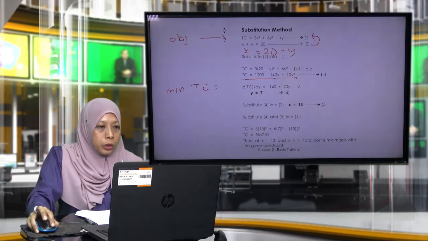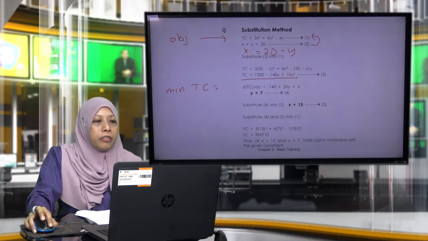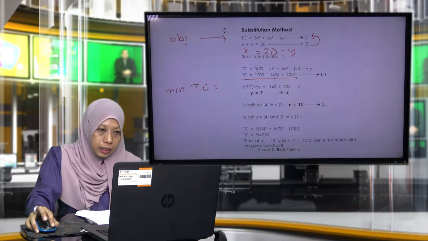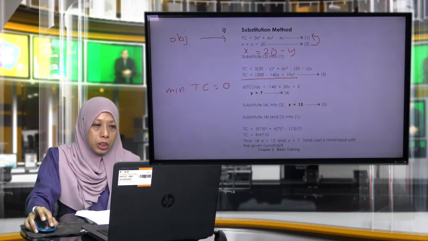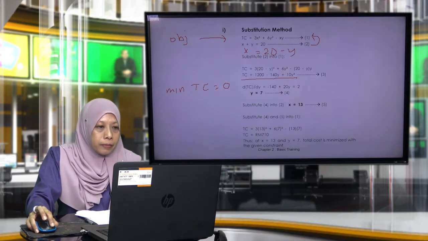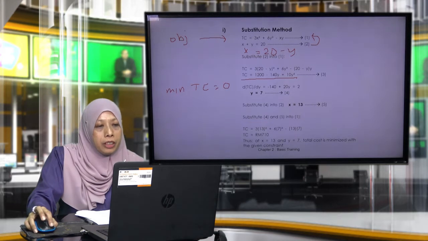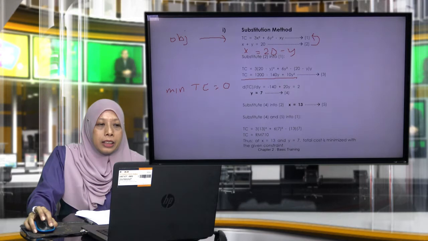To minimize total cost, according to the optimization rules, you are required to differentiate the total cost function and then set it equal to 0. So if you differentiate the total cost function, you're going to get what? Differentiating 1200 will give you 0.